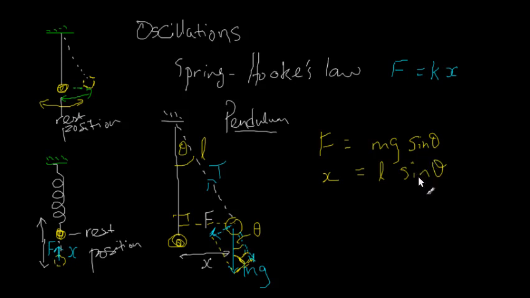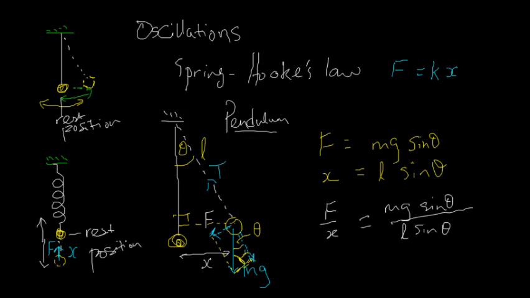In algebra, we can do that quite easily if we divide the two equations. I have these two equations here. If I divide the left side by the left side, and if I divide the right side by the right side, like this, they must be equal, because the separate parts are equal.